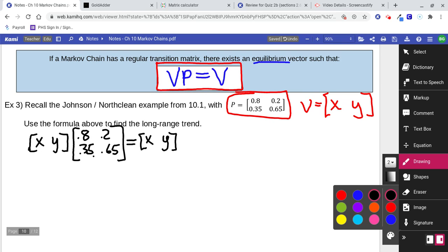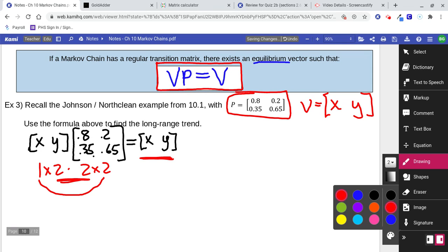Now, we have to go back and use what we know about matrix multiplication. Don't write this down, but I've got a 1 by 2 times a 2 by 2, which we know will work. Those inner dimensions match. That tells me that the answer will be a 1 by 2, but that's what we have over there.